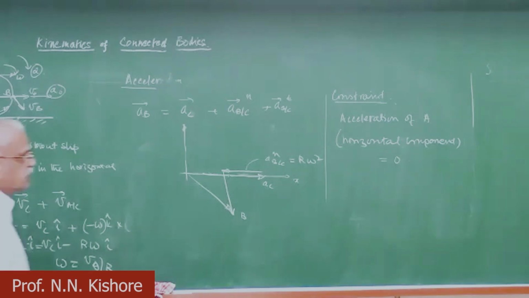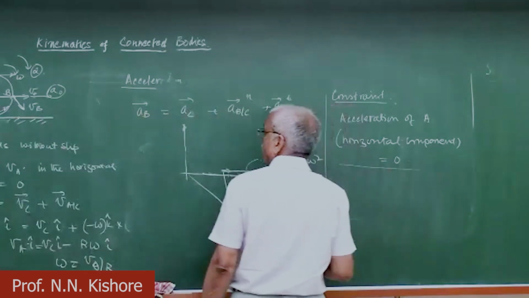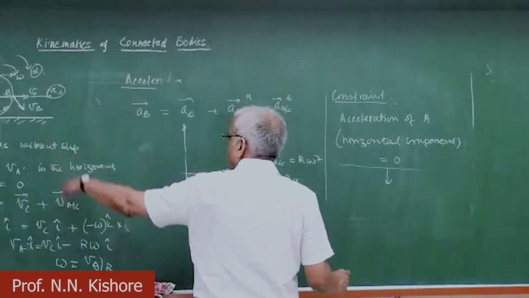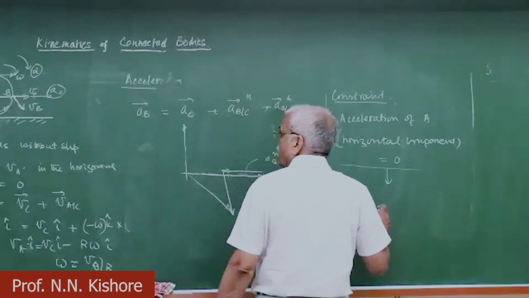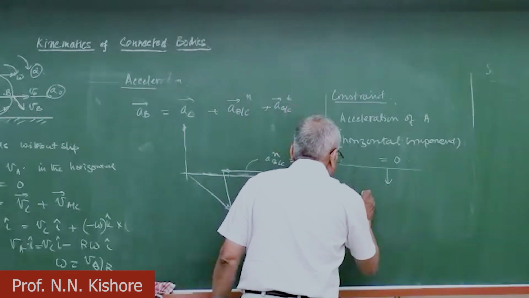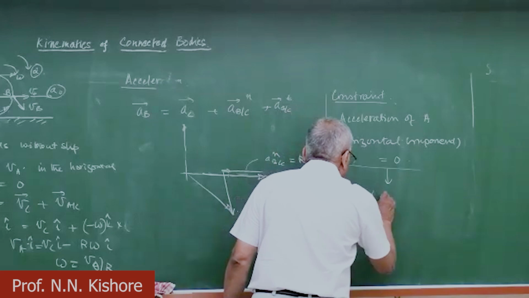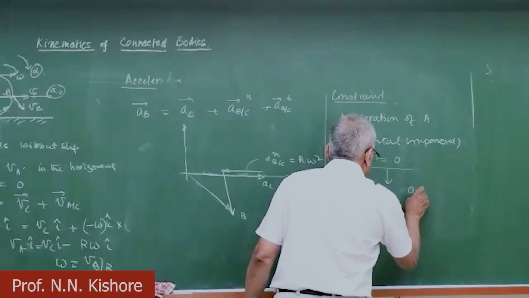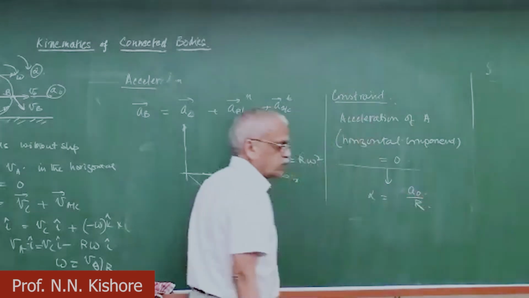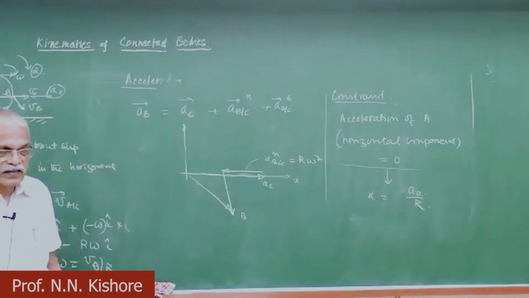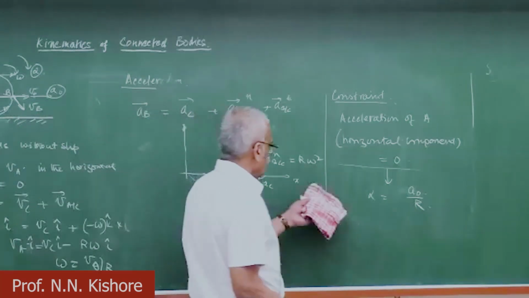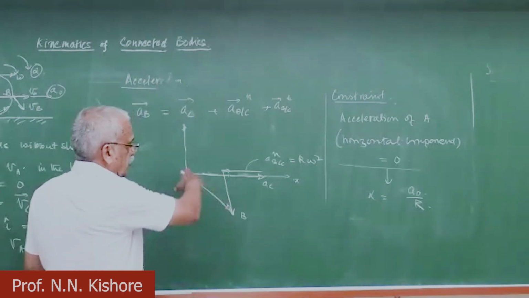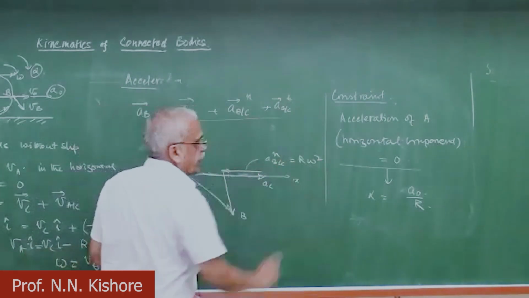Using this, will you try this one? Using this acceleration of A relationship, we can say that alpha is A naught by R. I'll leave this as a little bit of exercise. So you can find out the acceleration of various points using these relationships.